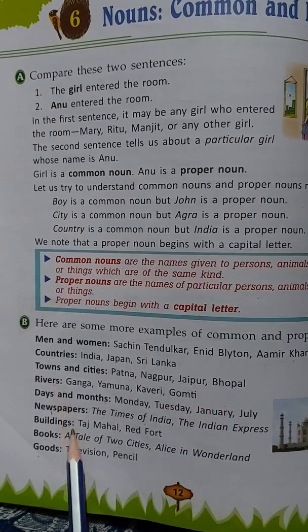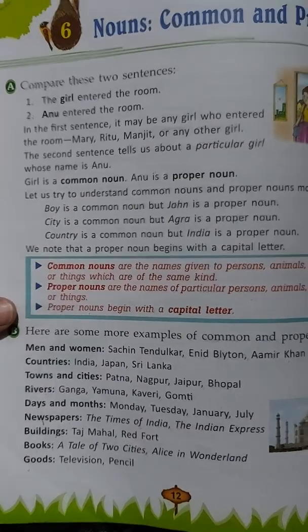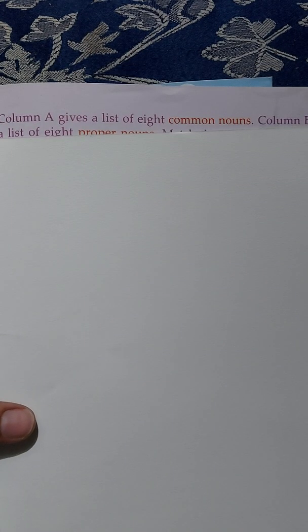Now some more examples are given, so read them carefully. Read this entire page carefully. Okay, now let's move on to the exercises. Okay, so open page number 13 of your grammar book.